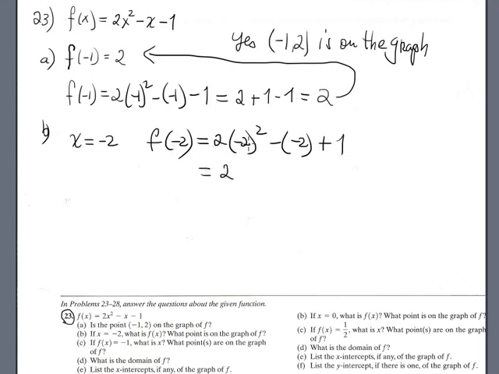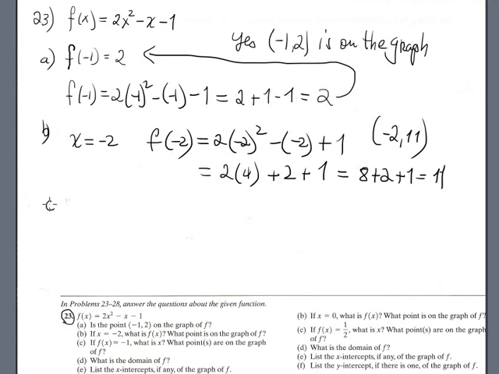This is 2, this is 4, this is double minus is plus 2, plus 1, this is 8, plus 2 is 10, plus 1 is 11. So what point is on the graph? The point would be (-2, 11).